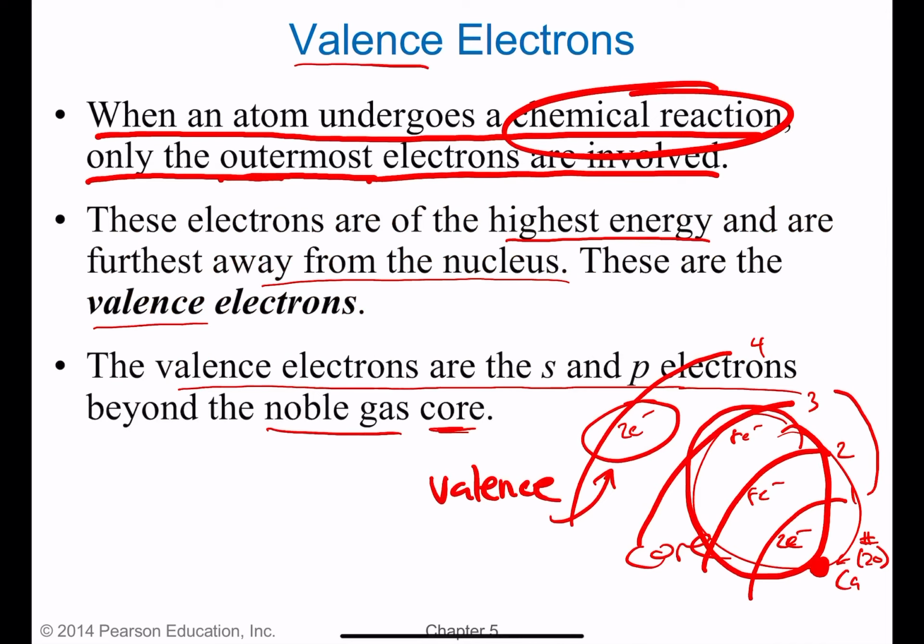Because they're completely full, they essentially do not participate in chemical reactions at all, which is one reason why you can breathe helium in from a helium balloon and it comes right back out through your windpipe, making your voice sound funny, and you will have no ill effects because the helium does not react with your body. It just makes your voice sound funny, which is very entertaining, but not harmful to your health, other than the fact that you're not breathing oxygen when you do that, you're breathing helium. But it doesn't have a chemical reaction with your body, which is why we can do that.